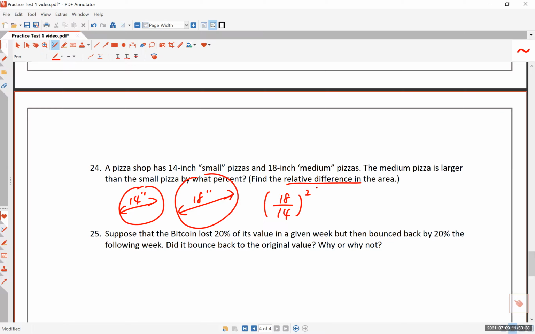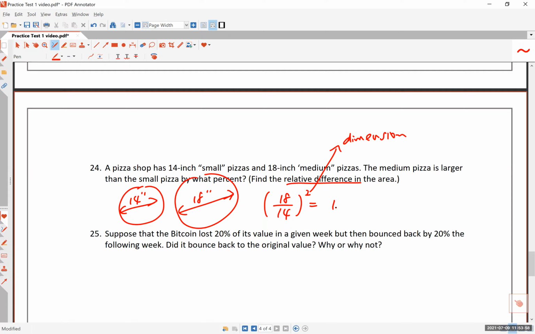If it's a solid like balls, spheres or something, then you cube it, okay? And this really is called a dimension, right? Because we're talking about 2-dimensional objects like the circle, and that's your pizza. So you take 18 and divide it by 14, and that's 1.2857.